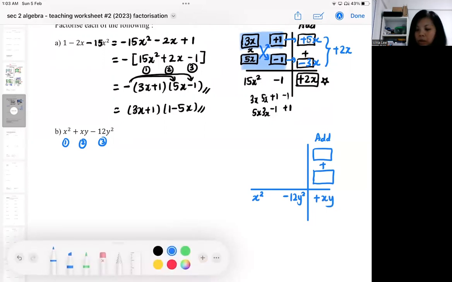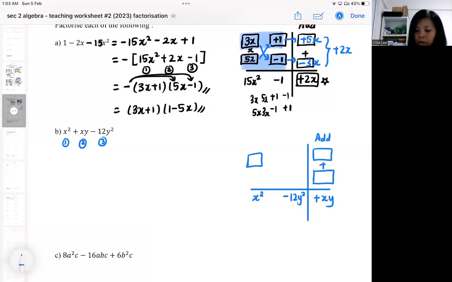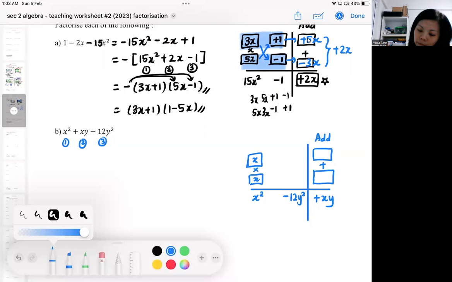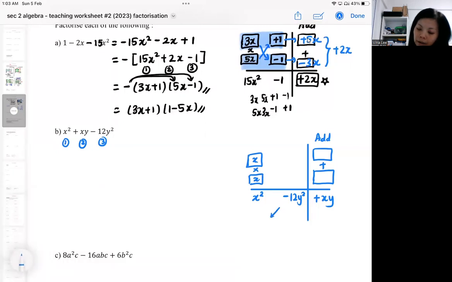I think this one is the easy one. The x obviously is the easy one. X times x straight away gives you an x squared. The challenging one will be the -12y squared, because I can have -12y times y. I can have +12y times -y. Or I can have -3y times +4y.